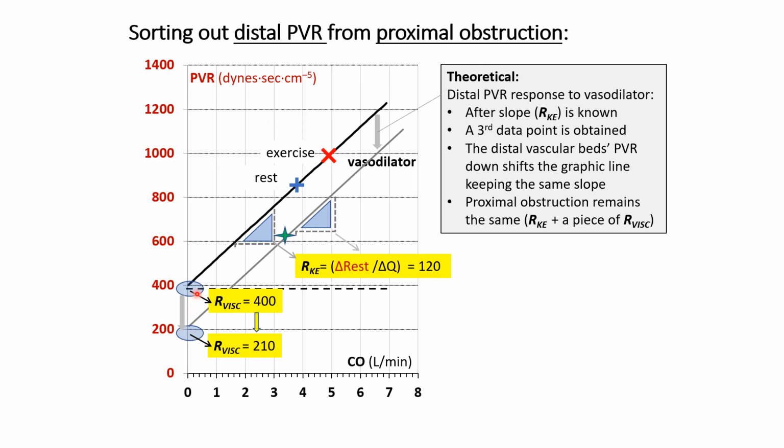So this would be the vasodilation effect of oxygen or whatever you gave the patient, nitric oxide, etc. You may even give the vasodilator and get the patient to rest and exercise, making sure that these lines are in parallel. But the point that I want to make is that you can not only address the steepness, which means how much stenosis can be relieved, how much the surgeon will help the patient, but you can even see the vasodilation that you may have in the distal bed.